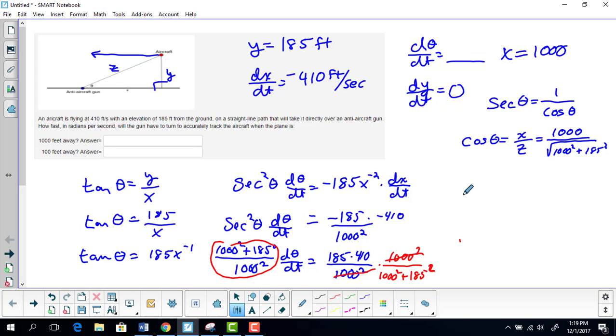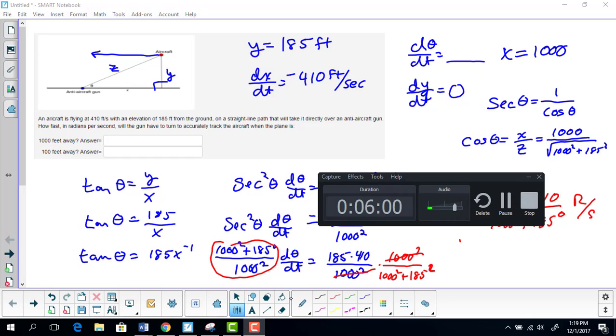So d theta/dt, in radians per second, is going to be 185 times 410 all over 1,000 squared plus 185 squared radians per second. Now let me get this over to WebWork and finish the problem.